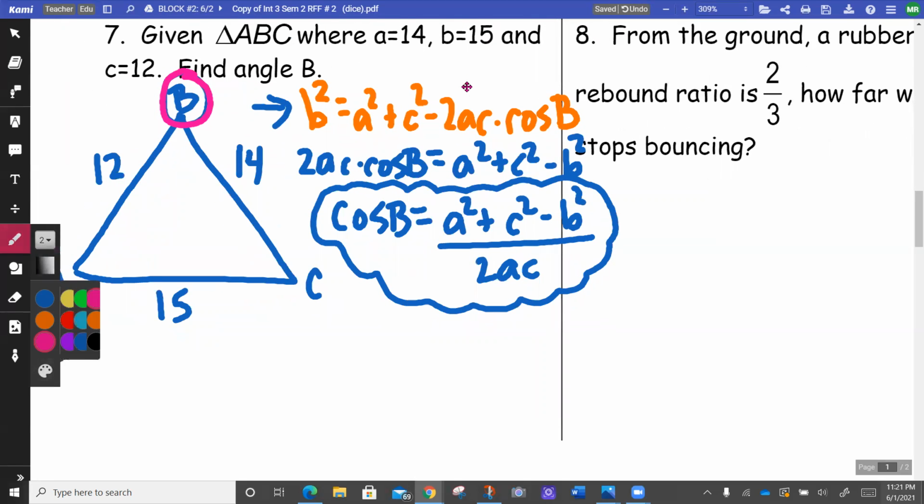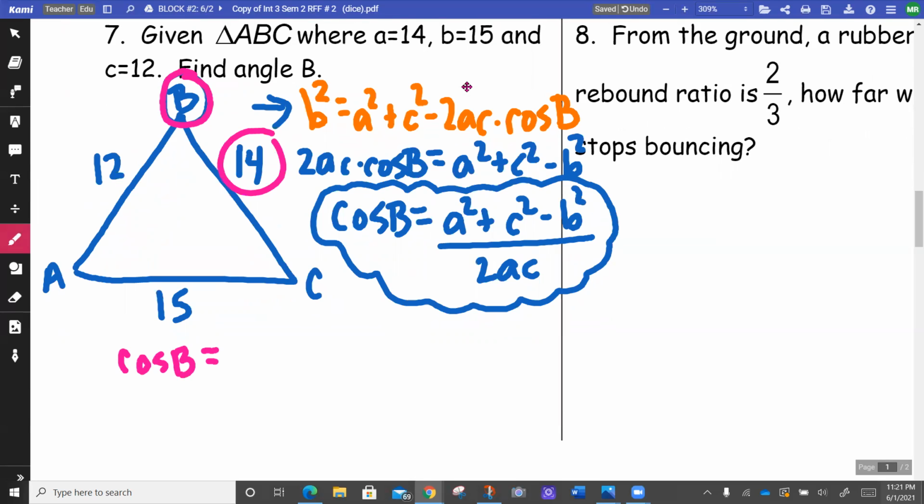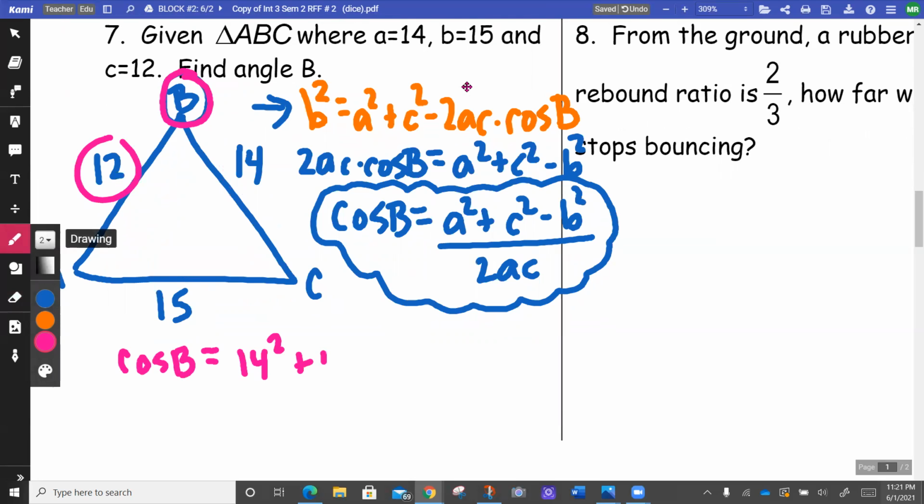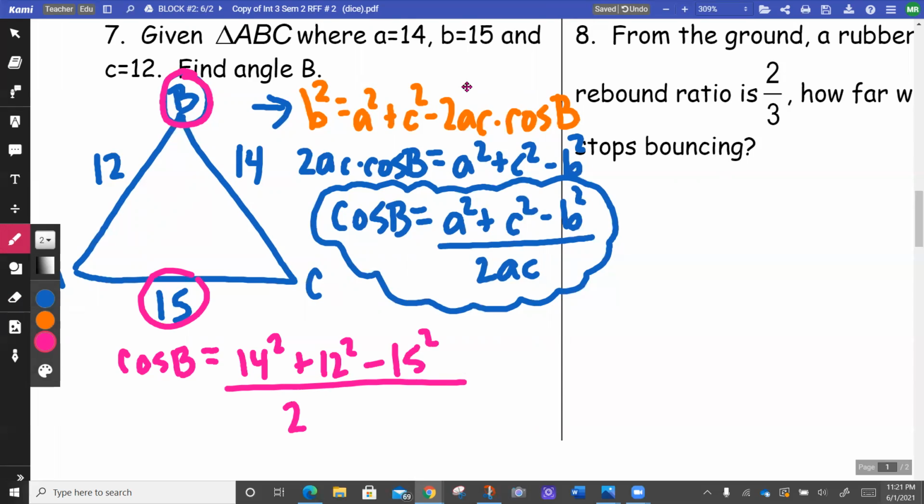Okay, so I am going to have cosine of B is equal to a squared is 14, so that's 14 squared. B squared is going to be, sorry, not b squared, I want c squared. c squared is going to be 12 squared minus, sorry, minus my b squared, apologize, all over 2 times my a times my c.